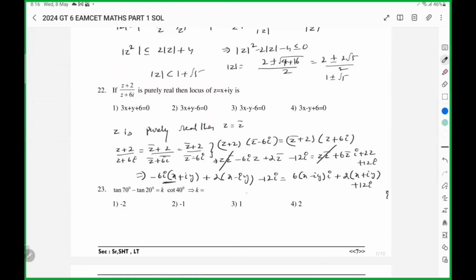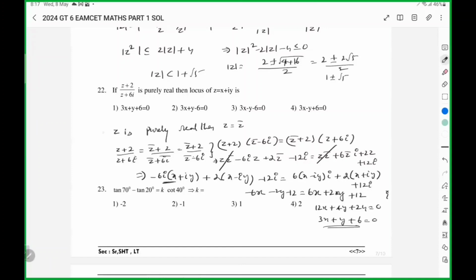Comparing imaginary parts, minus 6x minus 2y minus 12 equals 6x plus 2y, sorry, imaginary part plus 12. So 12x plus 4y plus 24 is 0. 3x plus y plus 6 is 0.